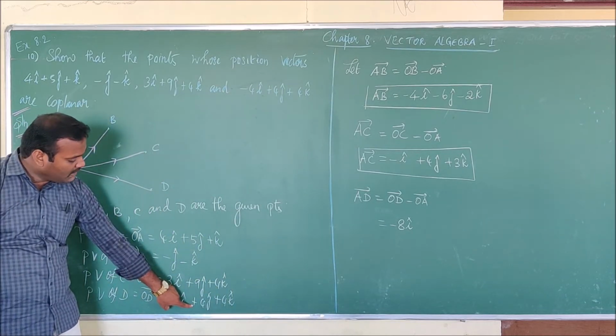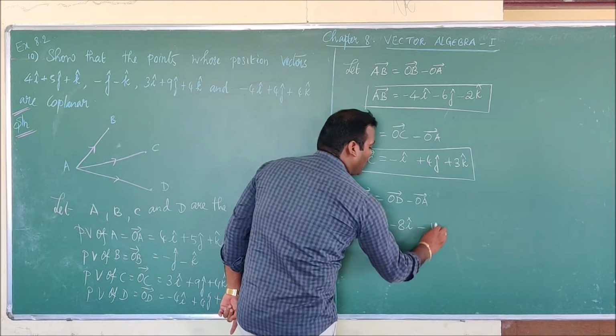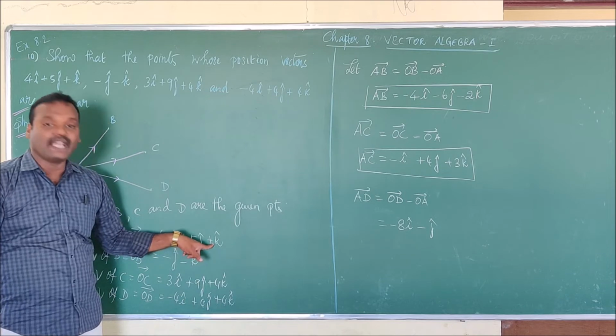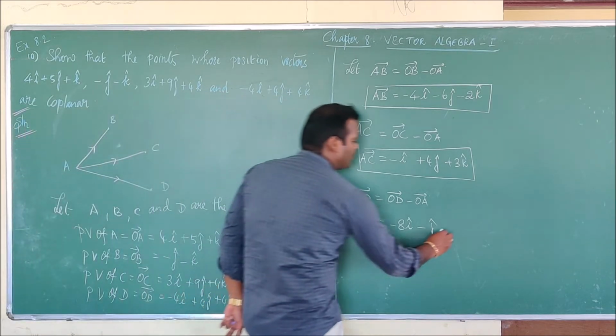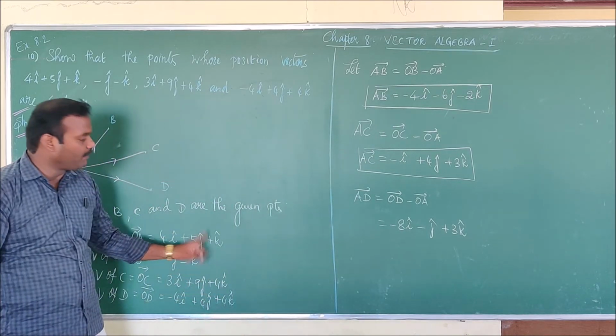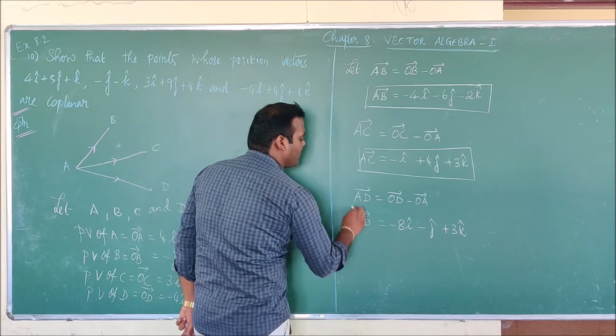Then 4j cap minus 5j cap is minus j cap. Next, 4k cap minus k cap is 3k cap. This is nothing but my AD vector.